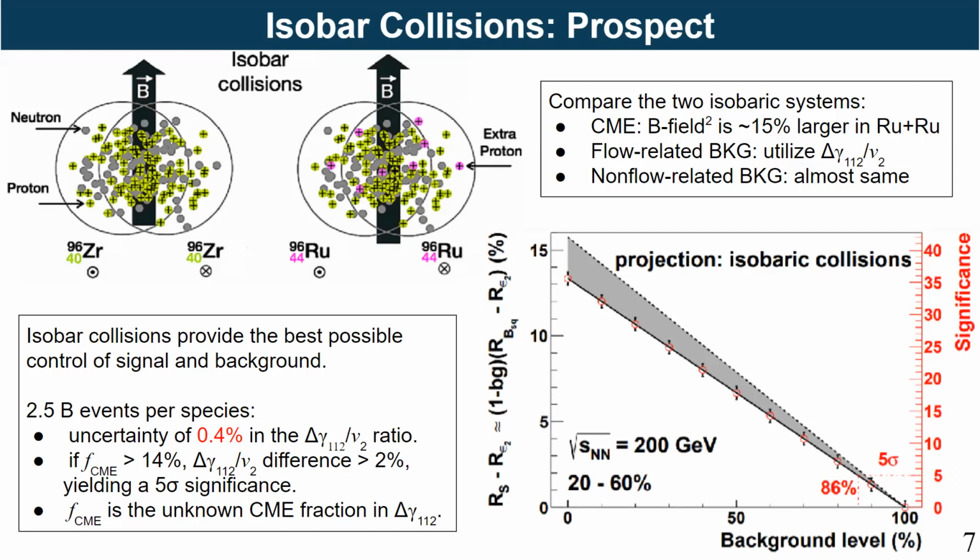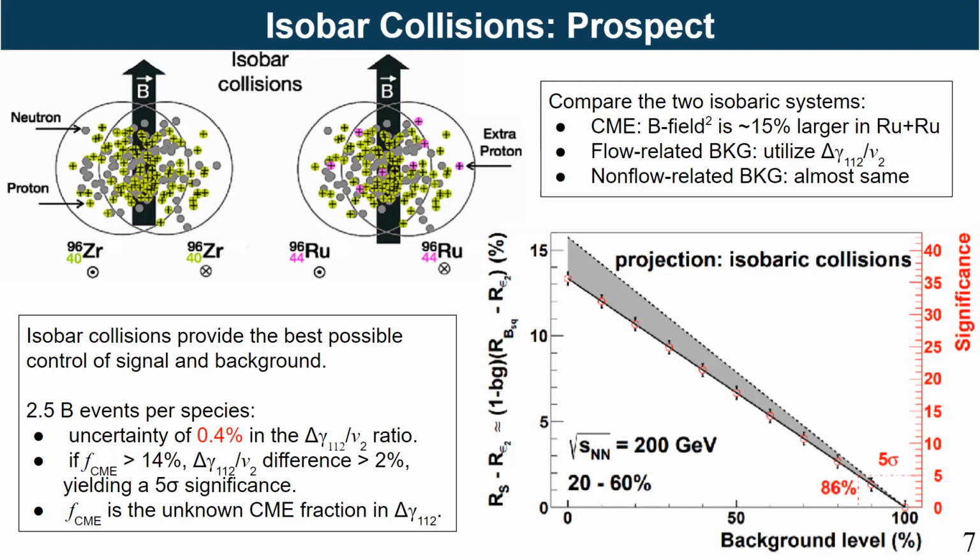At that time, we proposed to have 2 billion events per species. And if the background level is around 86%, that means if the fraction of CME is bigger than 14%, then 14% times this 15% will give us a relative 2% difference between the two isobars.